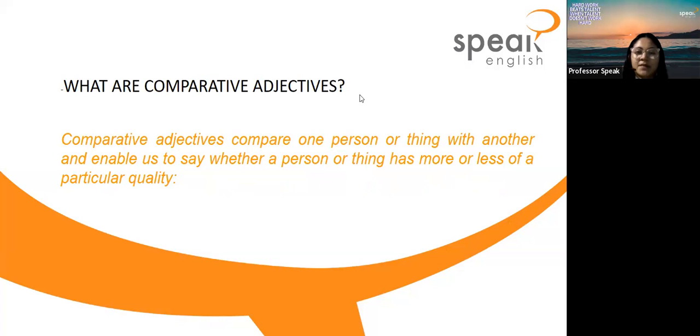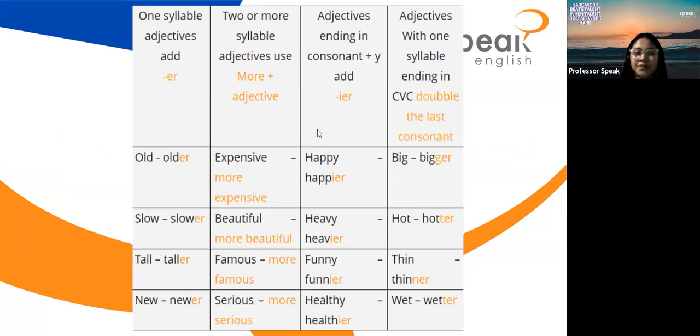Very good, thank you. So in short, comparative adjectives allow us to compare a person or a thing with another one. And in that comparison, we're going to know if a person or thing has more or less of something. Okay, having said that, let's continue.